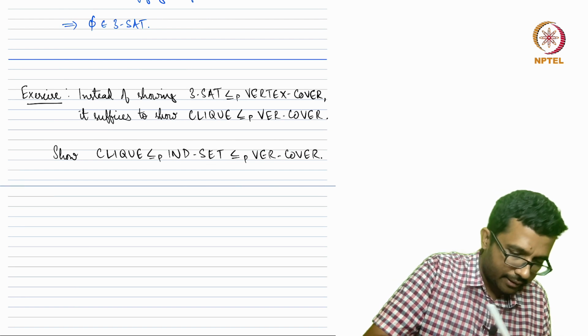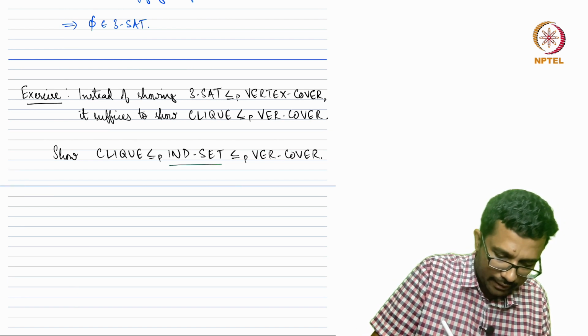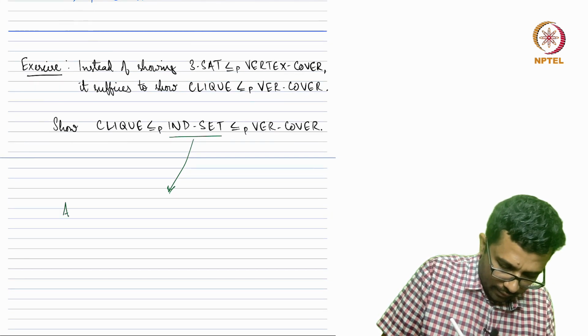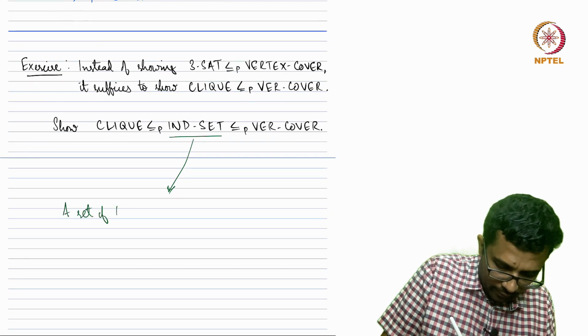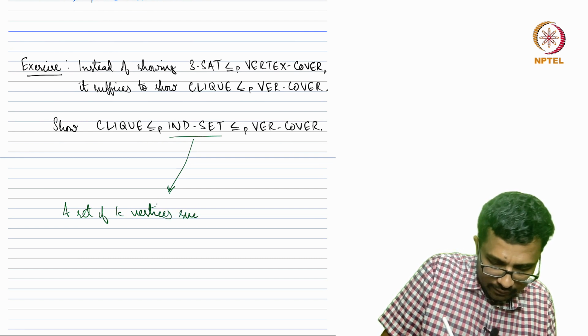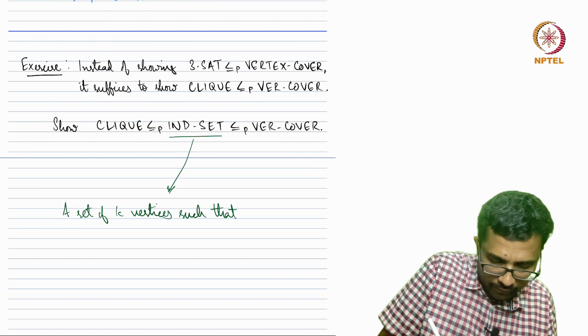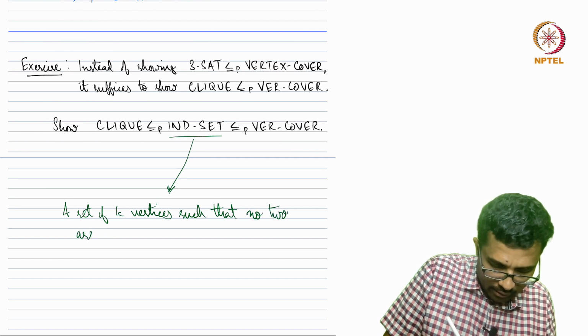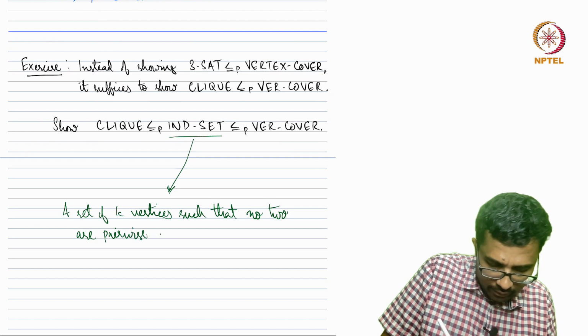Maybe I'll just write it here. A set of k vertices such that no two are pairwise adjacent.